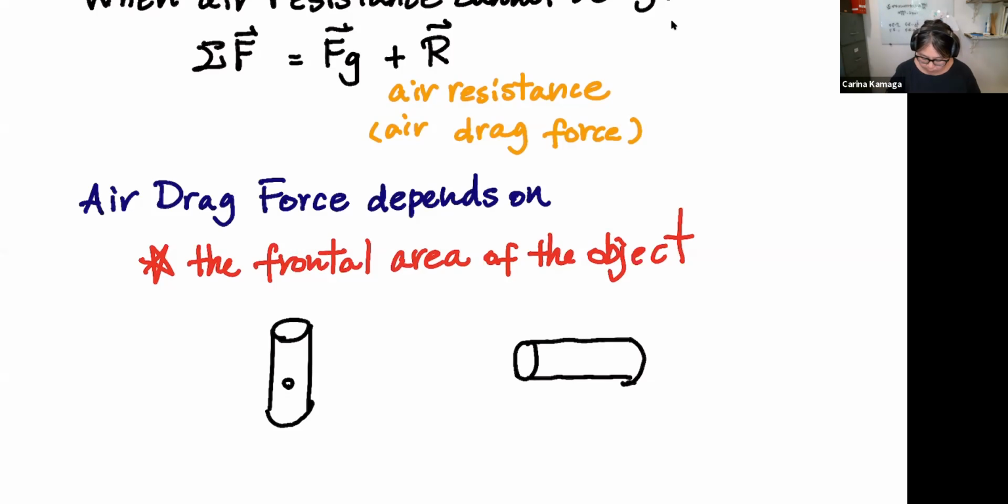The gravitational force is going to be the same because it's the same object, right? Fg here, and Fg here, the same amount of gravitational force either way. But you might have guessed that when you have a smaller frontal area, the air drag force applied on it is going to be smaller compared to a larger frontal area.